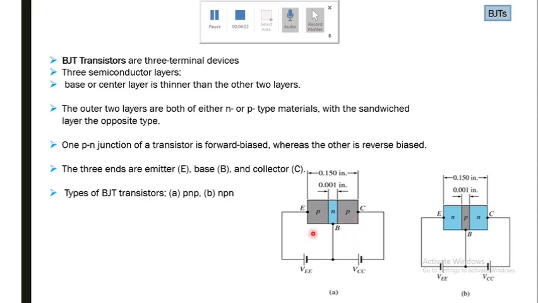So we make the base-emitter junction forward biased and the base-collector junction reverse biased for the process of amplification, and we have three terminals available for usage. These three terminals are named emitter, base, and collector.